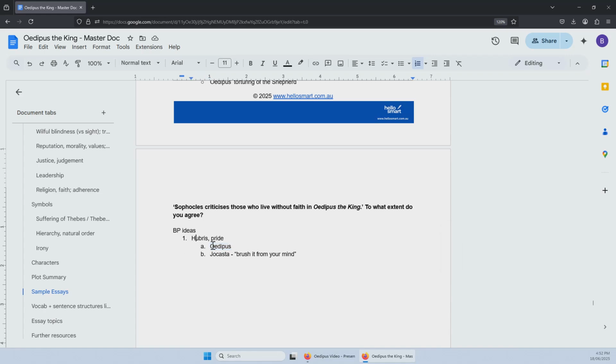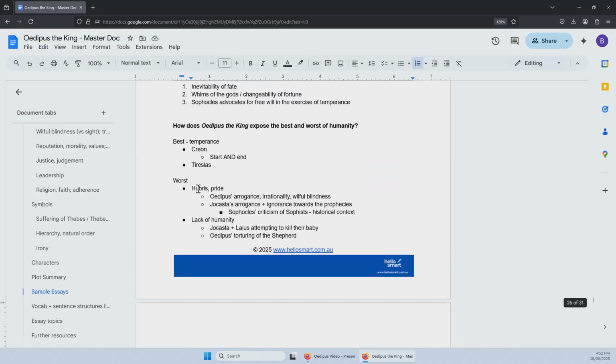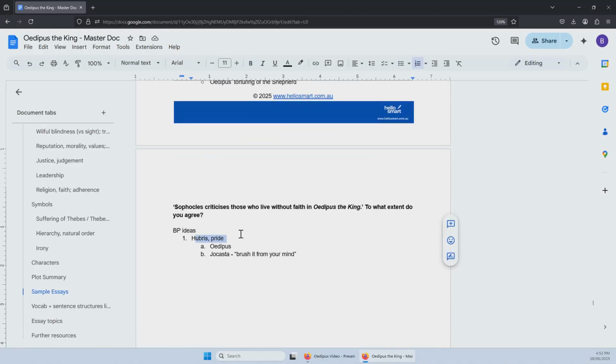So those are all like the exact same quotes, the exact same points, the exact same argument about the dangers of hubris and pride, except here we would say hubris and pride exhibit the worst of humanity, whereas here we would say hubris and pride are examples of people living without faith, or people living with a human-centric rather than a religiously centered worldview. So that's the first one, hubris and pride.